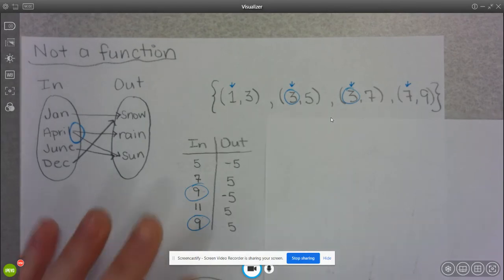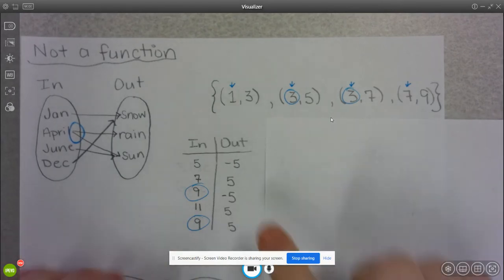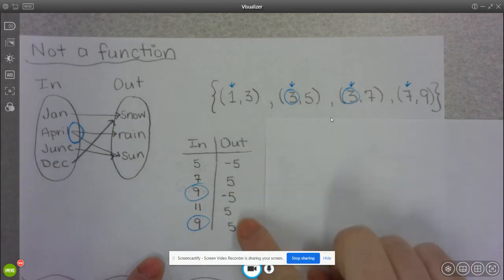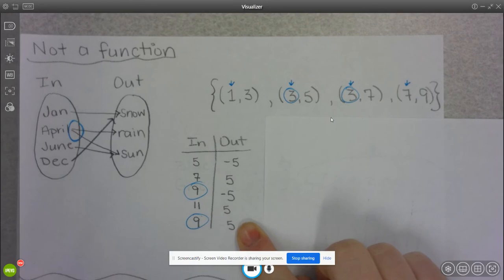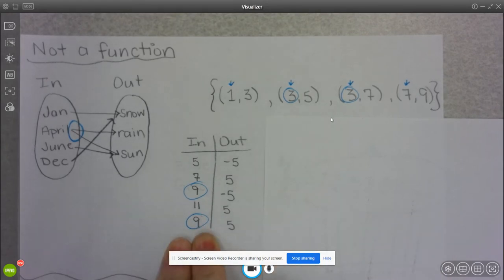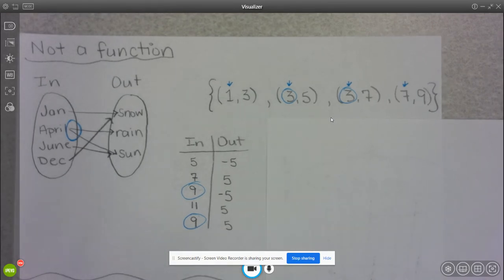Here in my table, you'll notice that -5 and +5 have both repeated in the output. That's okay. What's not okay is if I have a value in the input that's been repeated. Here 9 gets paired with -5, and here 9 gets paired with +5. That's not okay. I have two values for 9 that are matching with two different output values. That is not a function.